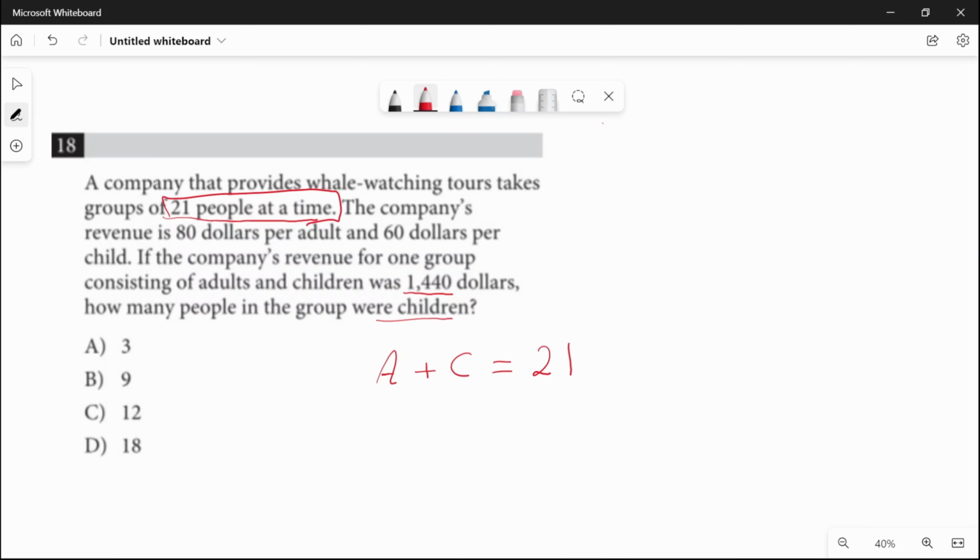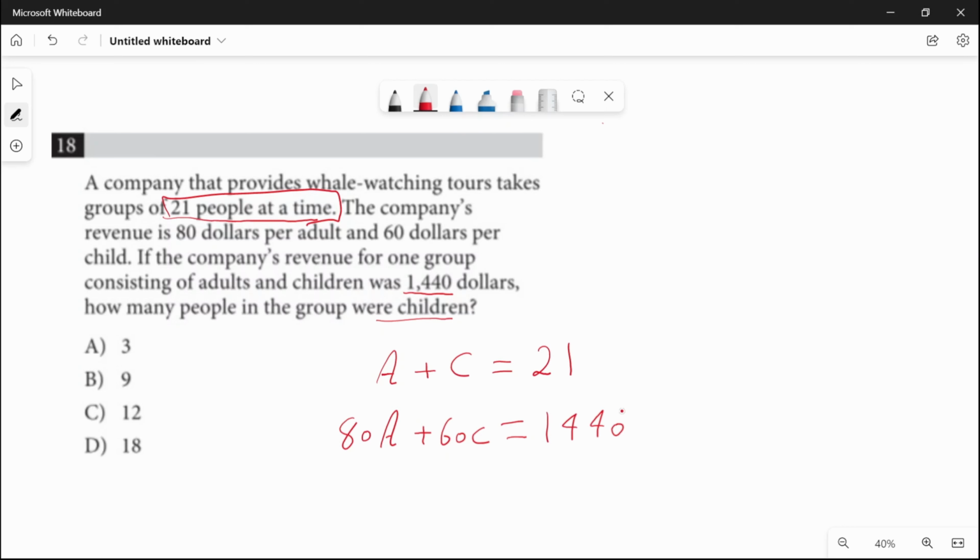Now we know that the money the company gains from each adult is equal to $80, and the money gained from each child is equal to $60. And that will equal the total amount of money this company gained, which is $1,440.